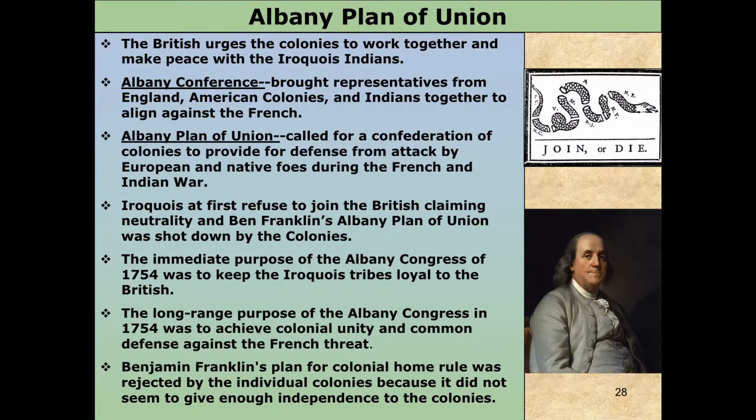But after this war, we're going to take that same notion and start looking at it a bit differently. Because up until this point, the colonists are still very happy with the British. But after this war, that's when things are going to start changing.